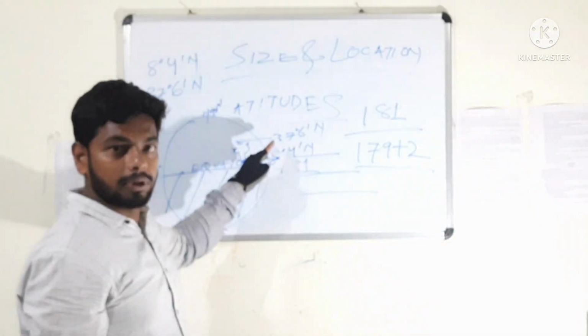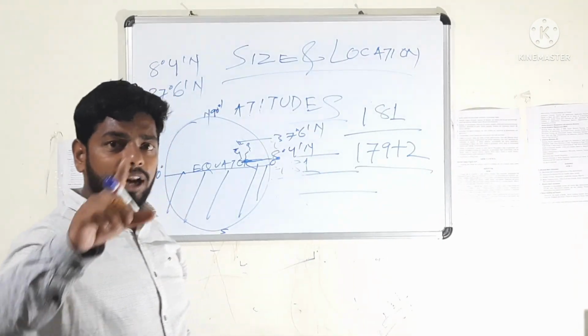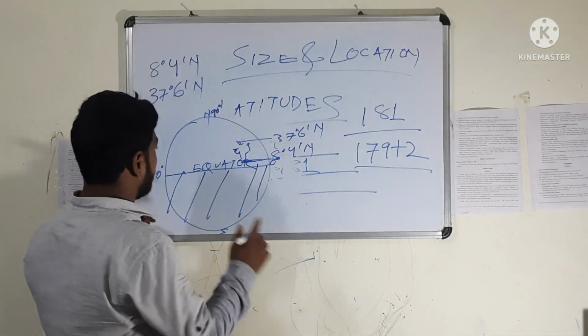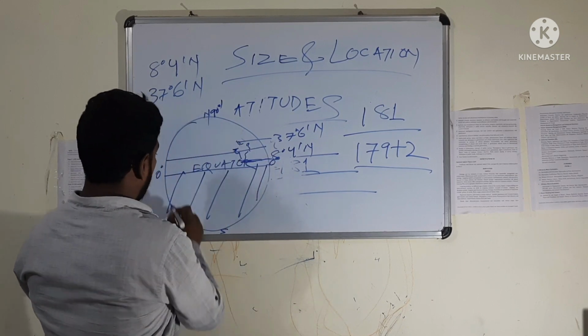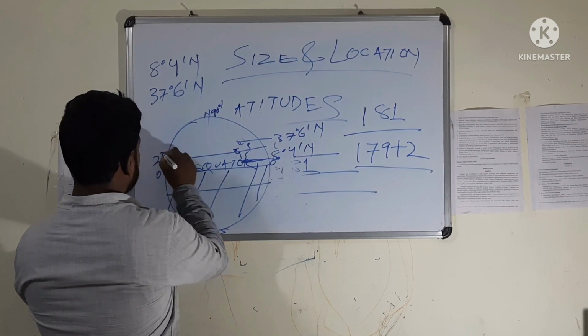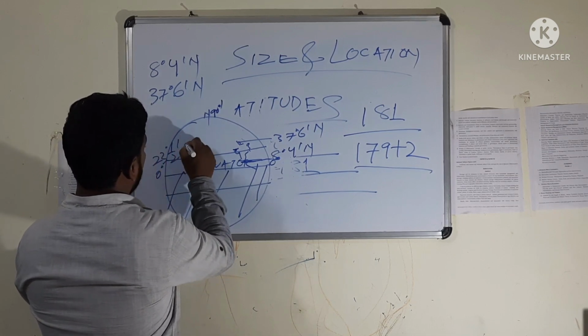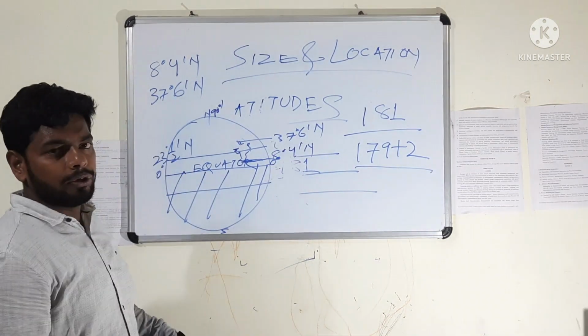Clear? In one of the classes I will talk about the latitudes in detail, right? But one of the very important latitudes is the Tropic of Cancer, and here is the Tropic of Capricorn, right? The Tropic of Cancer forms an angle of 23 and a half degree north of the equator.